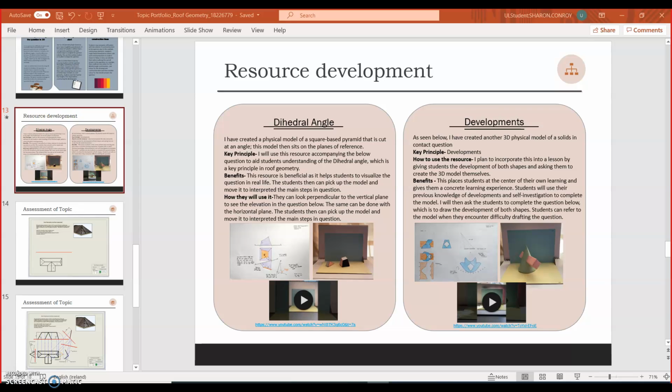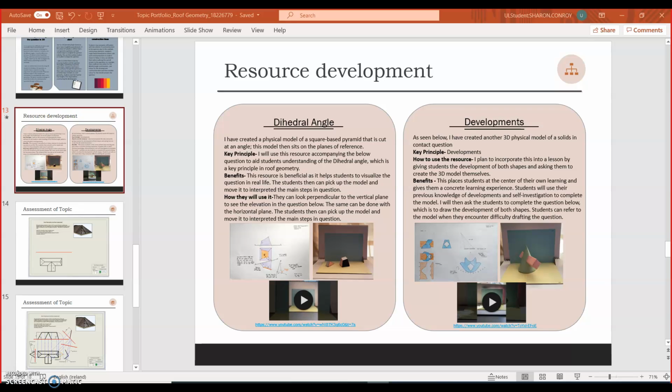So then, moving on to developments. This model the students will make themselves. I have decided to give them the developments cut out in card, and students will construct this in pairs at the beginning of the lesson. This will give them a hands-on experience which will cause them to engage more in the lesson.